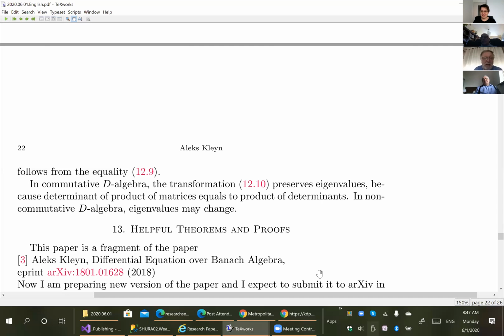What is the principal specificity of the quaternionic skew field? I mean, what is wrong if you take, for example, octonions? The problem with octonions is that their product is not associative, and for this reason there will be, in general, no big difference.